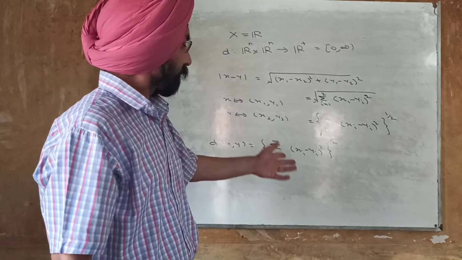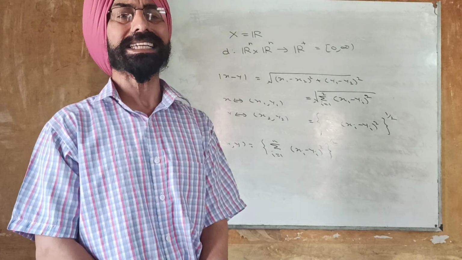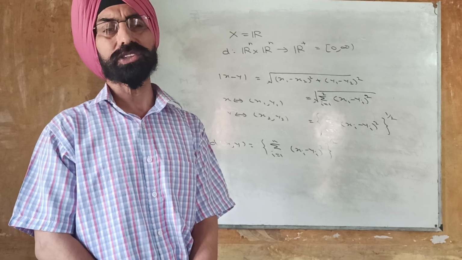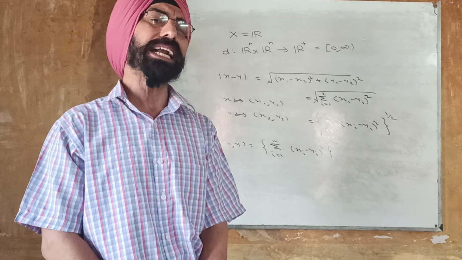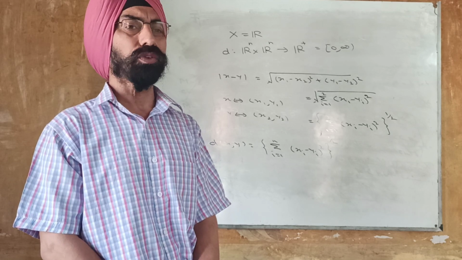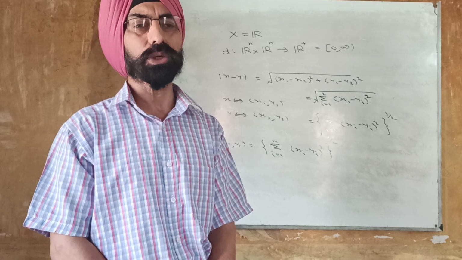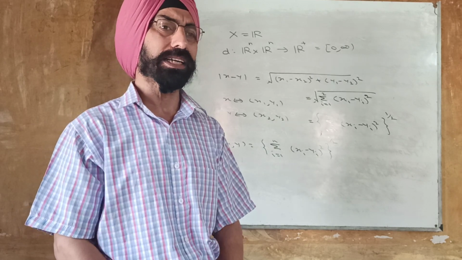So it is a metric. Why? Because it is again distance in n-dimensional Euclidean space, and for distance we have seen that the metric d satisfies all the 4 properties as stated above: symmetry, positivity, equality and the triangular inequality.